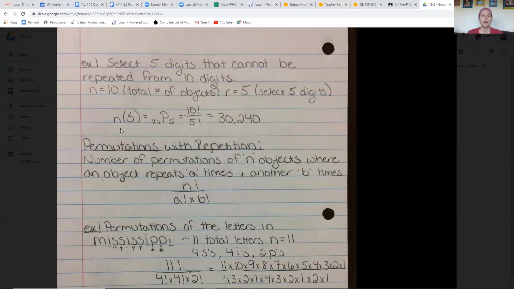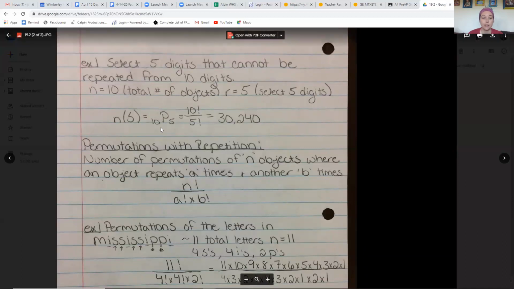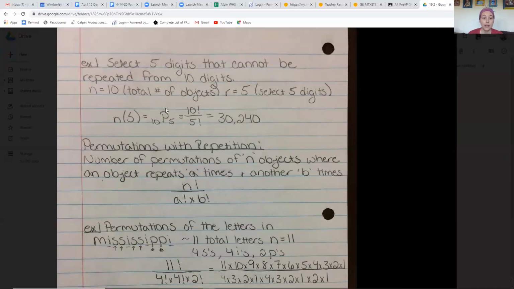So 10 is our n, 5 is our r. So remember our equation was n factorial over n minus r factorial.